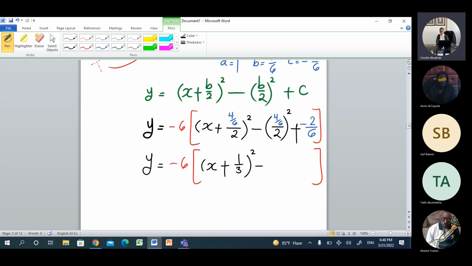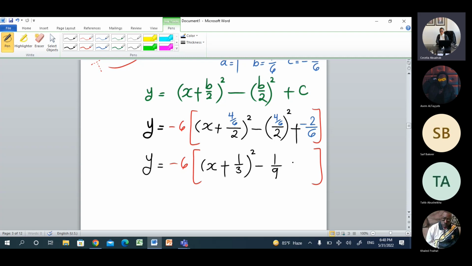Insert 4, go down with the arrow, insert 6, go down with the arrow, insert 2, and put the equal. This will come down to 1 over 9. So 4 over 6 over 2, all to the power of 2. It will come down to negative 1 over 9.